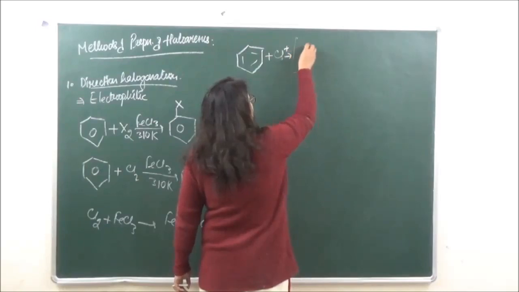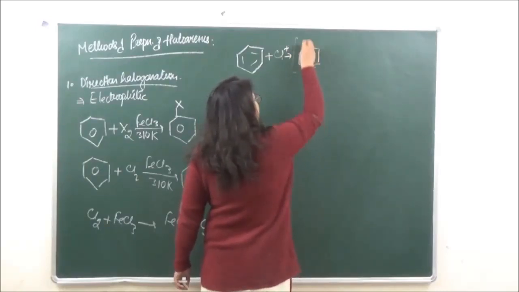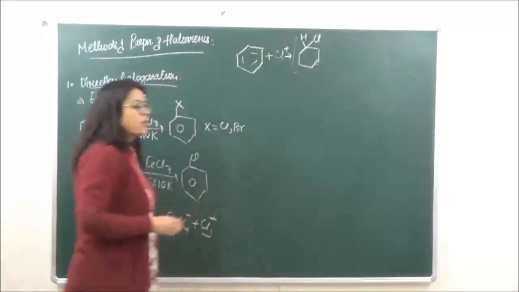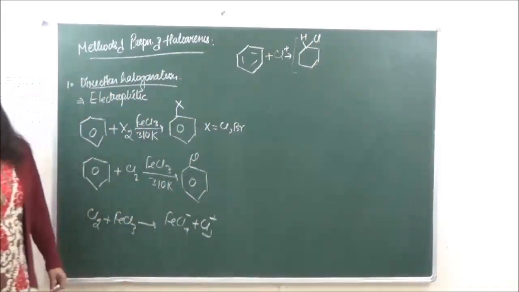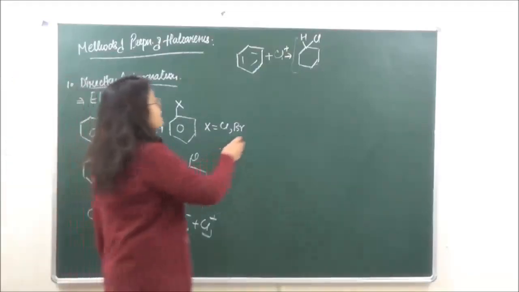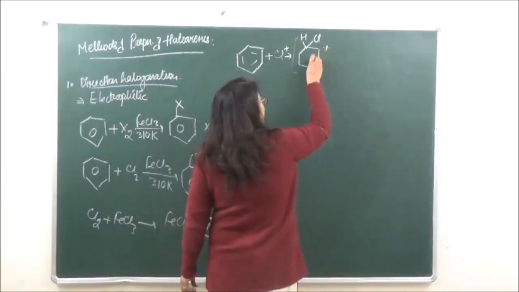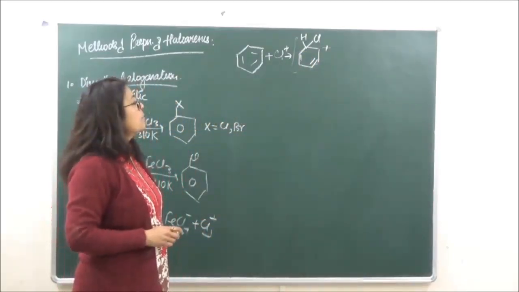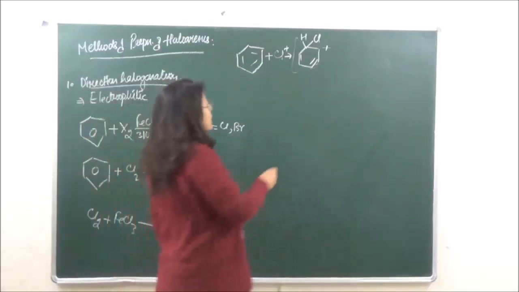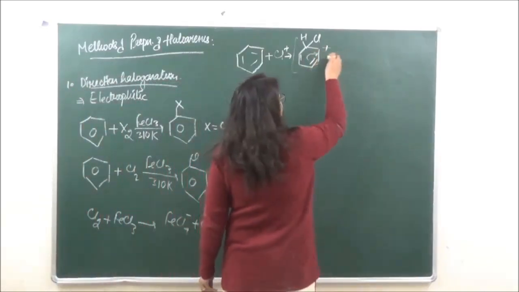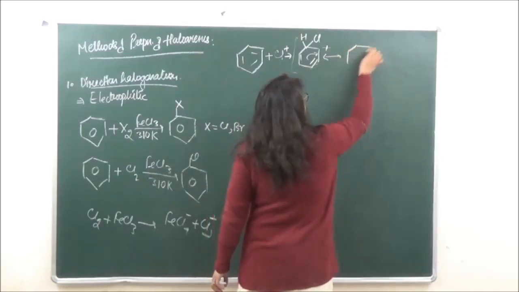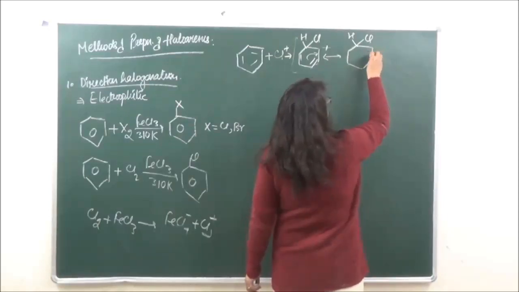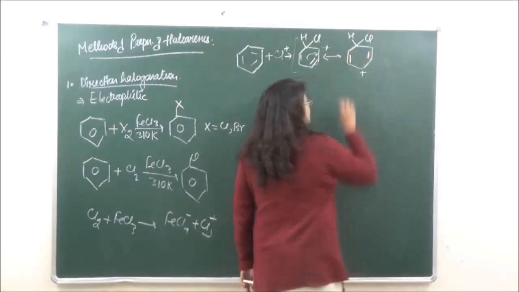So we have over here the chlorine that is going to attack at one of the positions, right? So as a result of this, यहाँ से this is going to get a positive charge, and these are the two bonded pair of electrons or the pi bonds which are going to be present. Now over here delocalization will take place. So this is going to go here. So we get a bond over here.